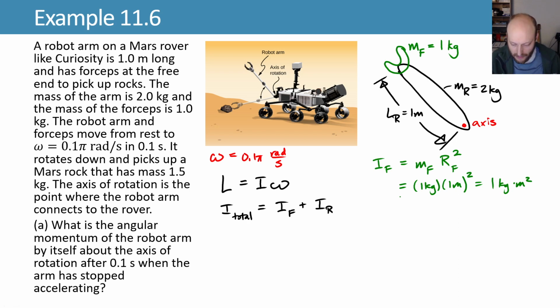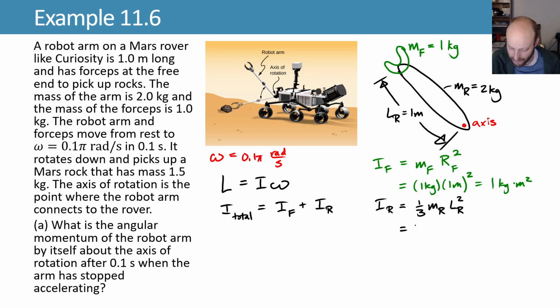Now for the robot arm, it's going to be based on this long, skinny thing. We'll look that up and see that this looks like a long rod that in my chart is 1/3 mass times its length squared when we're rotating about the very end of this thing.